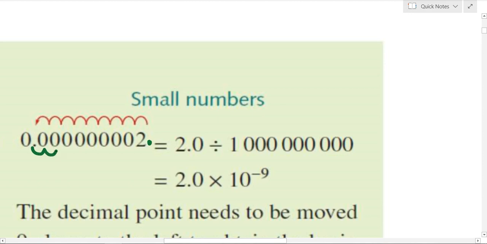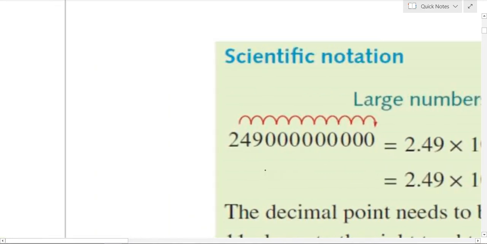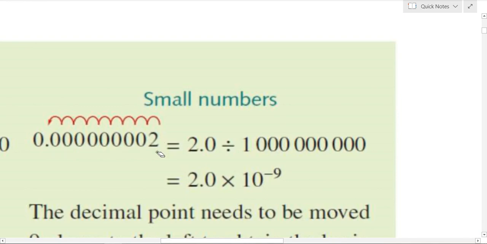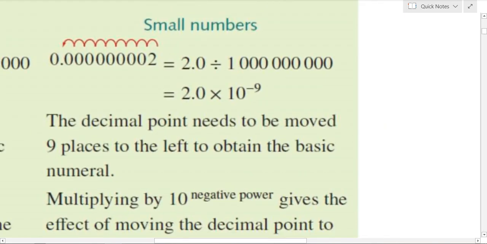Well, you got 1, 2, 3, 4, 5, 6, 7, 8, 9. Because this is a decimal, just make a note that it's going to be to the power of -9. If it's a little small decimal number like this, it's a negative power. If it's a big number, it's a positive number. Again, you do a bit more practice with this so that it makes more sense.